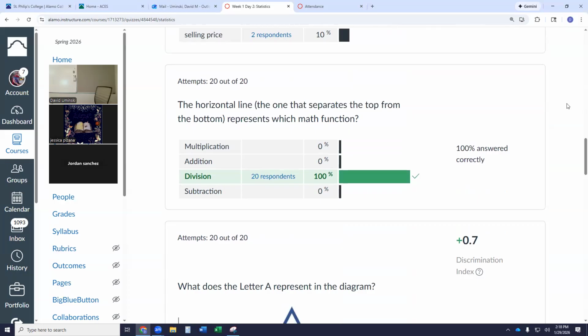So think about when we have the triangle, and I would recommend that you actually draw it out. So that horizontal line, or the one that divides the top from the bottom, that basically looks like a division sign. Okay, to help you memorize that.